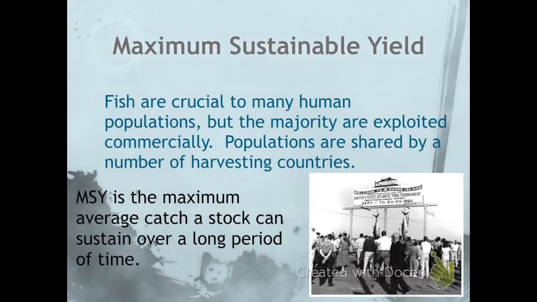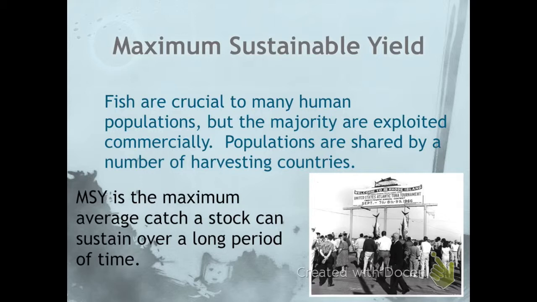So this is looking at the total population for some species of fish, deciding how many can be caught each year, and then dividing that up among the nations that are actually exploiting that population and taking from that population. So as you can imagine, there's probably quite a bit of tension and fighting that goes on over this.